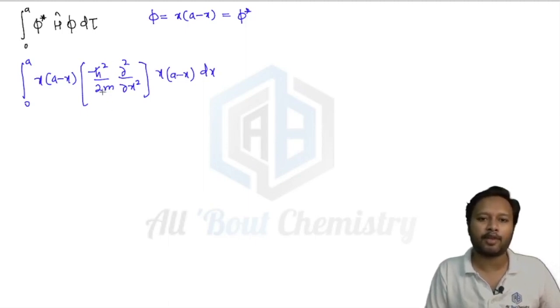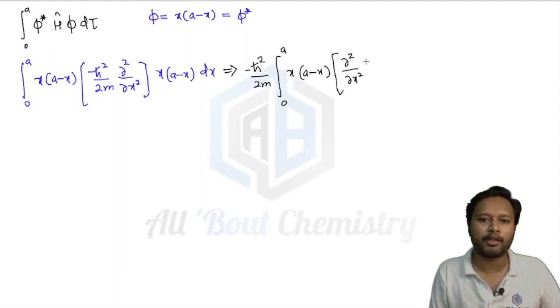This h cross square upon 2m is a constant, so I can take it out of the integration. In the next step, minus h cross square upon 2m can be taken outside. Integration from 0 to a of x times a minus x, and then del 2 by del x square of ax minus x square dx.